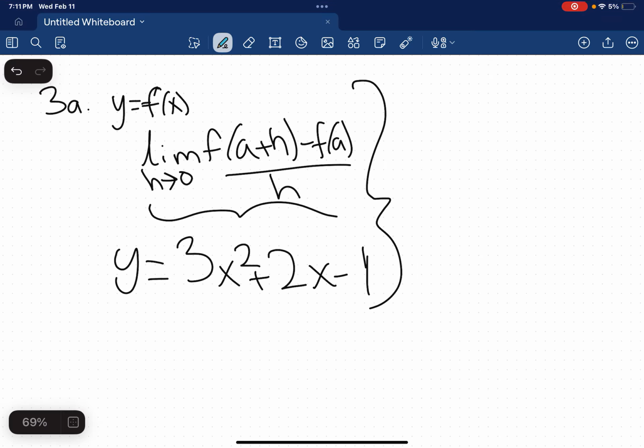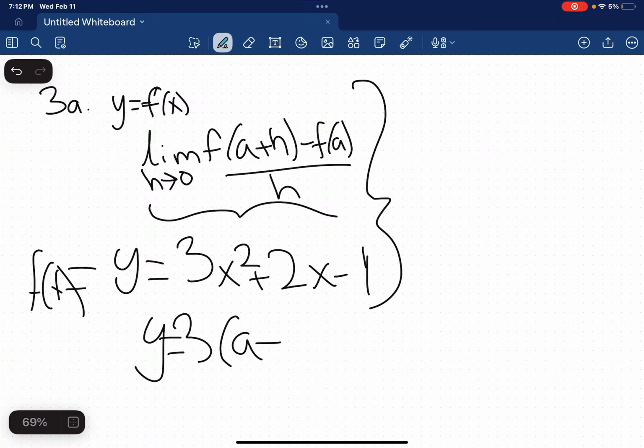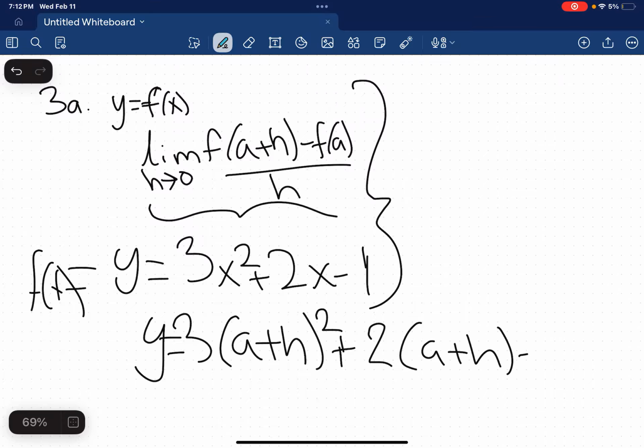Okay, well, let's evaluate this function first at f of a plus h. 3 times (a plus h) squared plus 2 times (a plus h) minus 1.